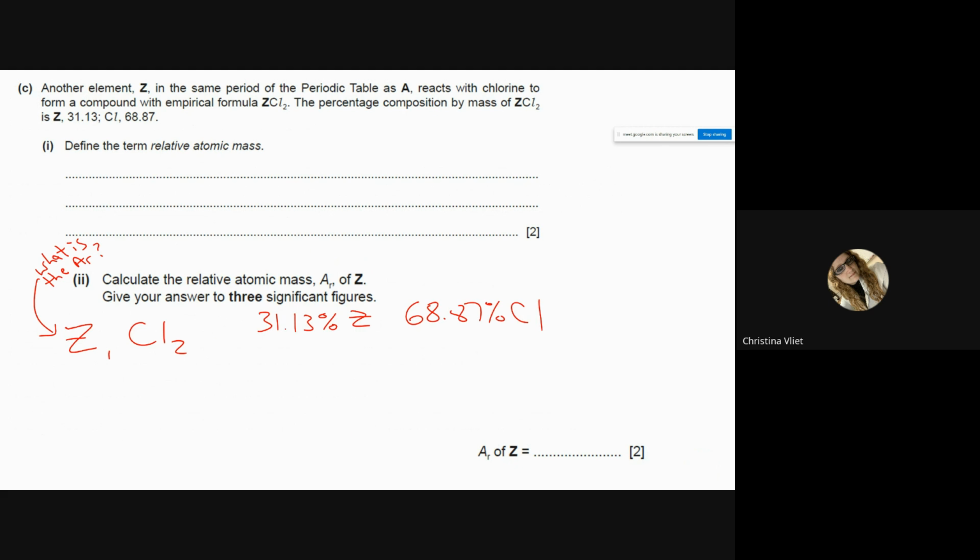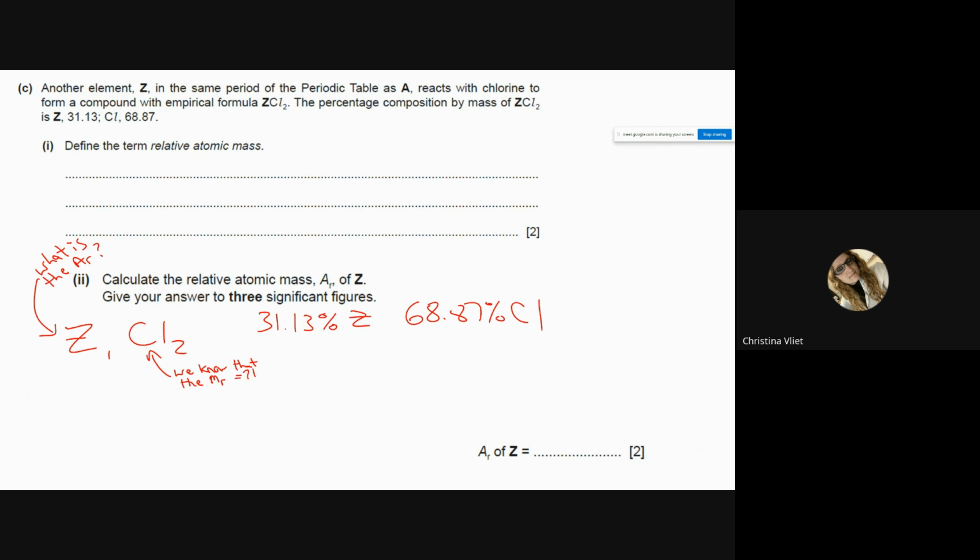Go ahead. There's Z. You do. So one of the ideas, from here we know that the molar mass of the chlorine here is 71, right?